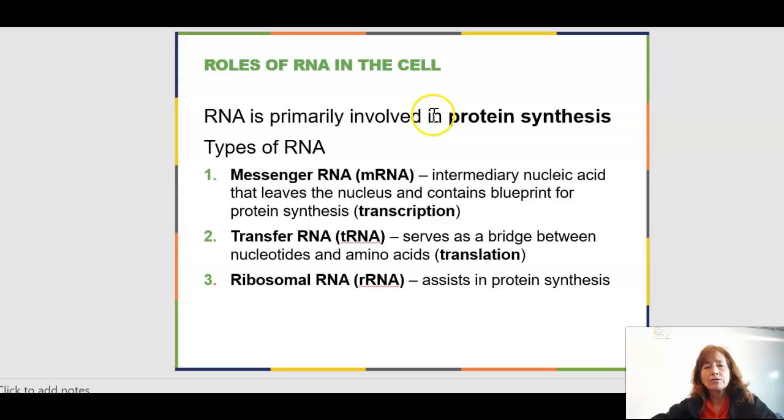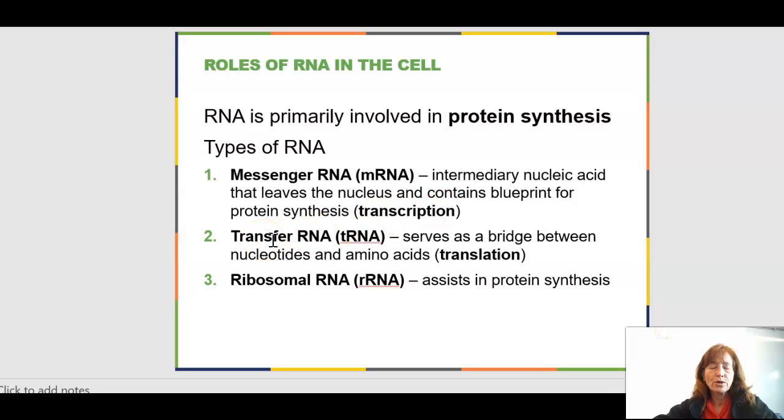RNA in particular, if we were going to break this down a little bit, we know that there are different types of RNA. We have the messenger RNA, which we just mentioned, which is the one that actually transcribes a part of the DNA molecule so that it has that code on it.